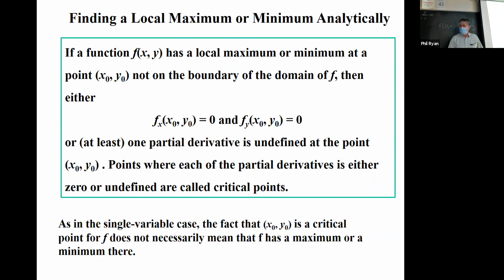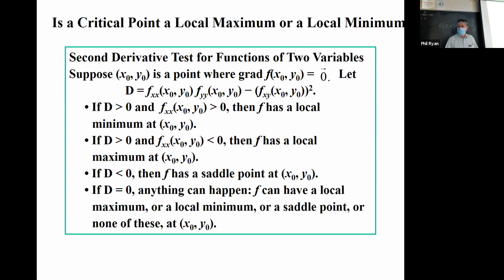Finally, the thing I want to talk about is finding maxes and mins. We take the partial derivatives and set them equal to 0. Then we've got the second derivative test, where we take D, which is fxx times fyy minus fxy squared.